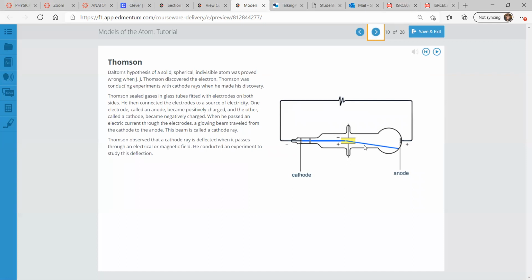Thomson observed that a cathode ray is deflected when it passes through an electrical or magnetic field. So we have this cathode ray, and it deflects towards the positive end.